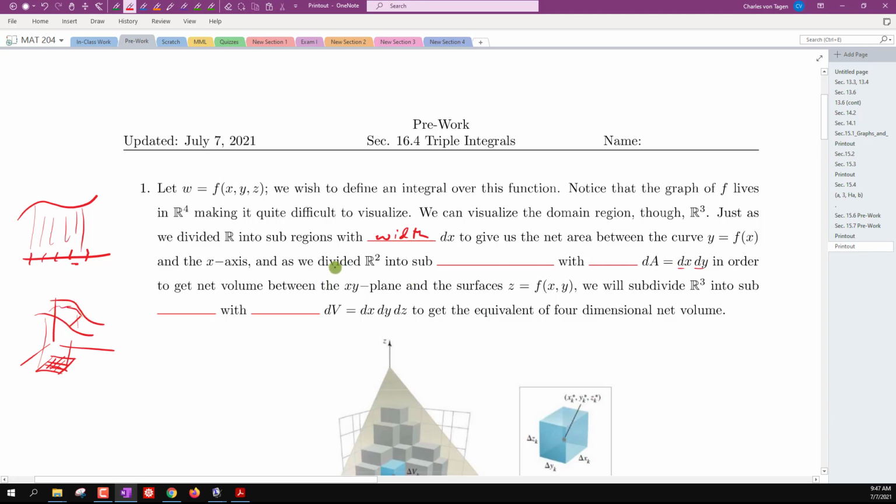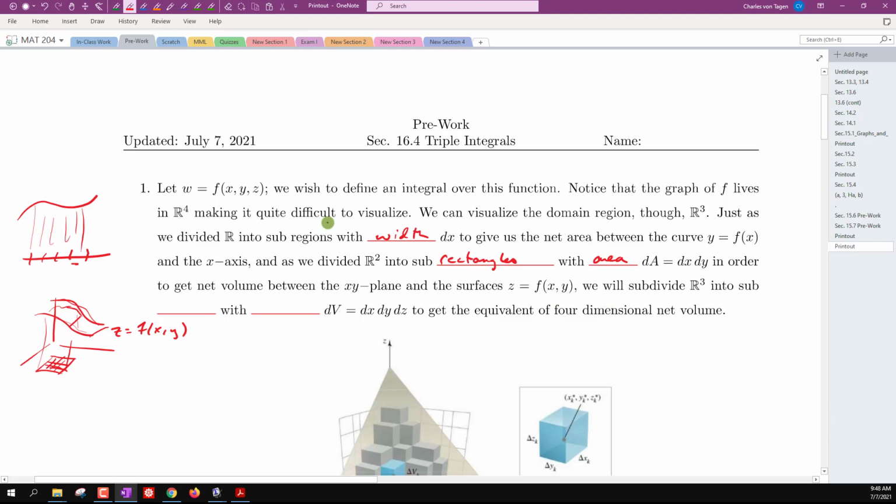So we took R2 and we divided it into subrectangles with area differential A, where we could think of that differential A as dx times dy, in order to give us this volume between this surface that we have here. This would be our z equals f of x, y. That's our surface, and we want to find the volume between that surface and the xy plane.